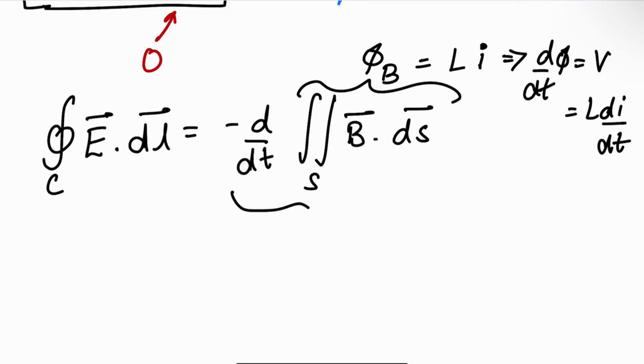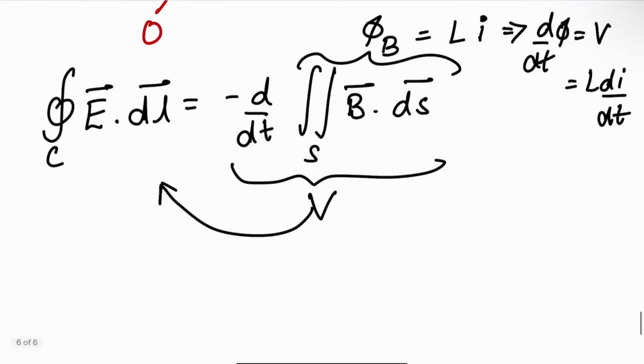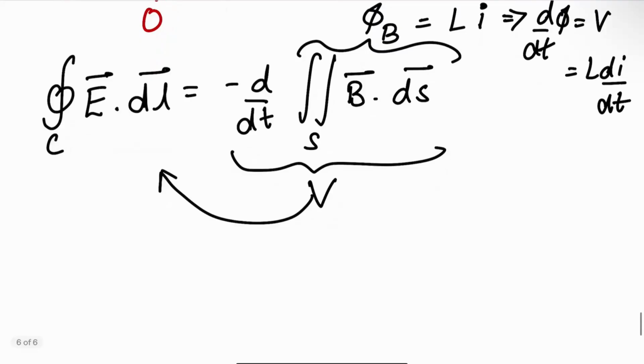So then I can treat this whole thing on the right-hand side as another voltage, take it to this side, and say the total voltage around the loop is still zero. This has to be treated a little bit more carefully. You have to be careful on how you define the terminals and how the inductance is defined. But we'll treat it more carefully once we do potentials in a later lecture.